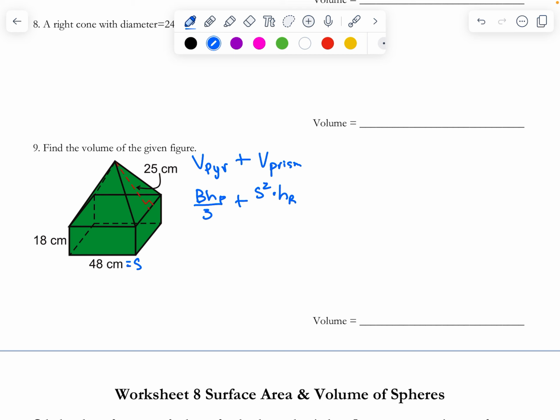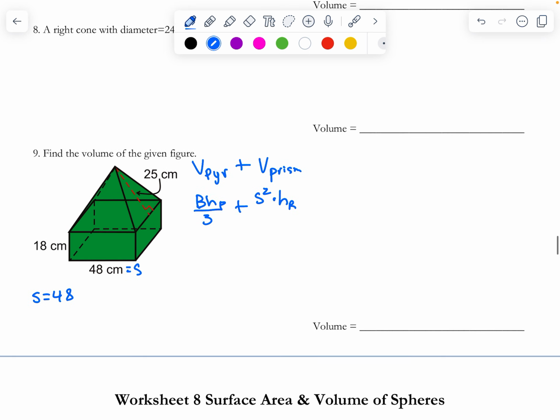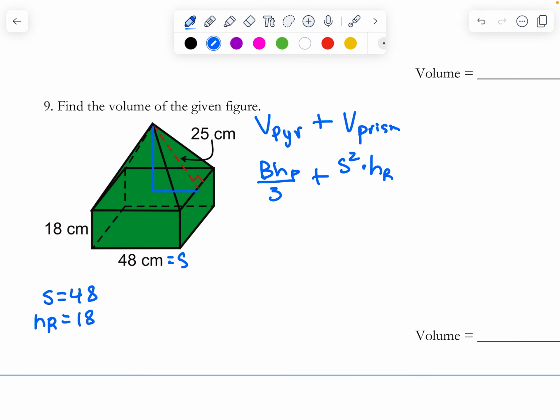So first, I'm just going to start by labeling that S is 48. The height of the rectangular prism is 18. Now we're going to have to probably calculate this height here. So let's see if we can figure it out, because I do know that this is going to be 12 right here.